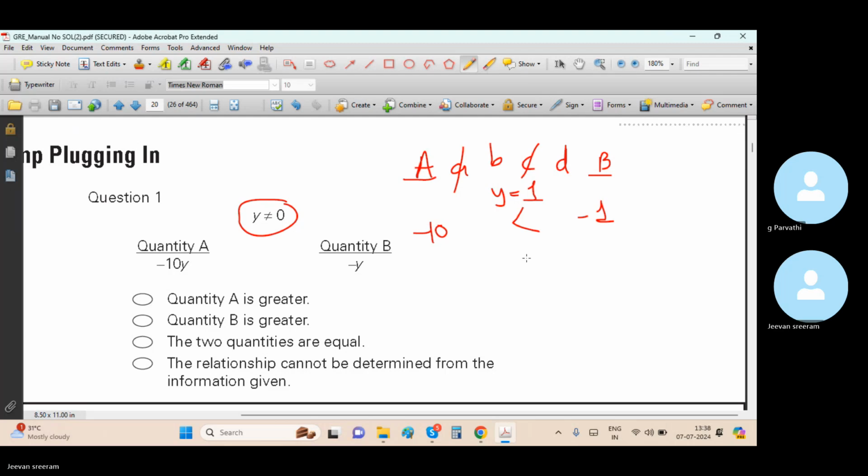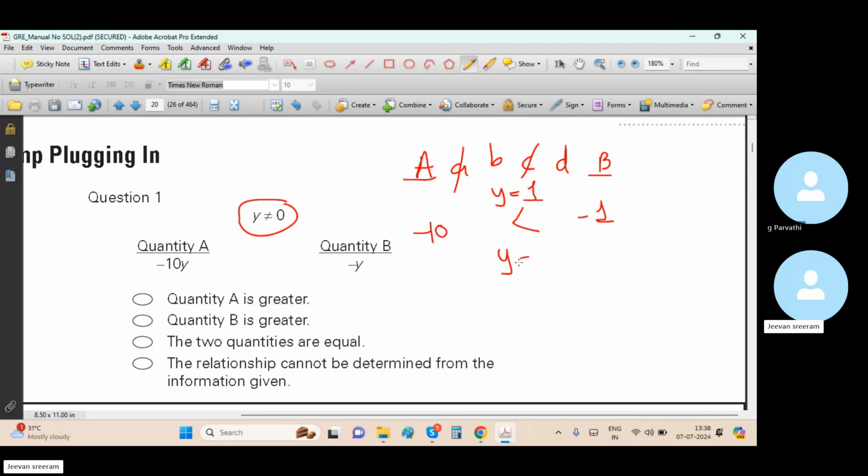But if we take y as 1, A will be greater, right? Y as -1, then the answer is going to be D. For two different values, two different results means you can't determine. You can't conclude which is always greater. Is it clear?